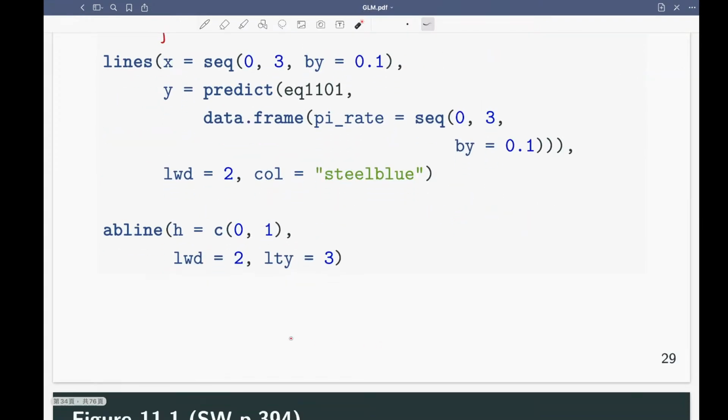Okay, so I also use the abline because I want to show the 0 and 1 for the horizontal. H means horizontal. If you want to set up a vertical line, you should use the v.